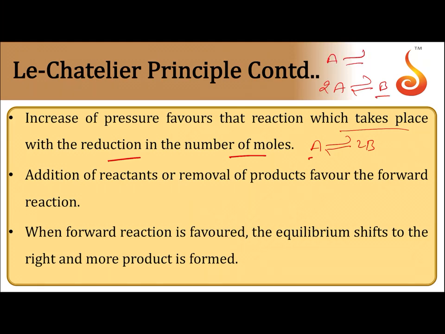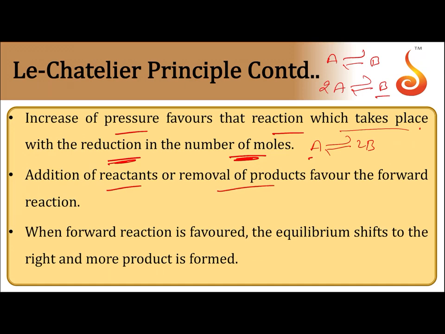Suppose you have a reaction like A giving rise to B, both gases, then pressure will not have any effect. So wherever the number of moles is less, the reaction moves in that direction on increasing the pressure.